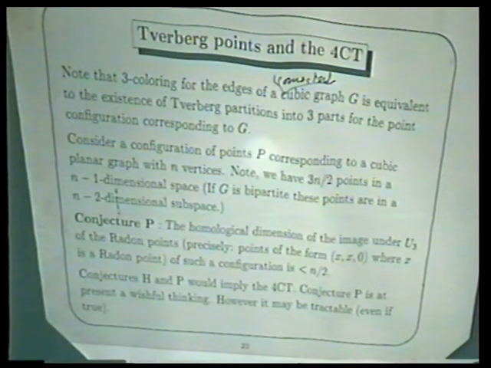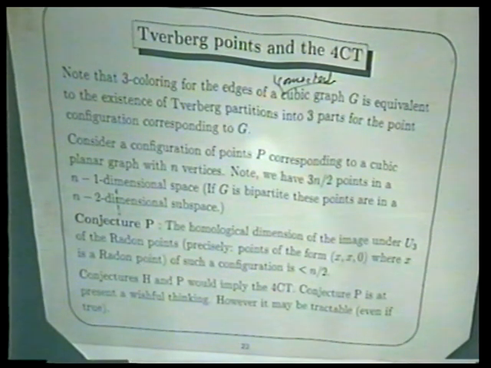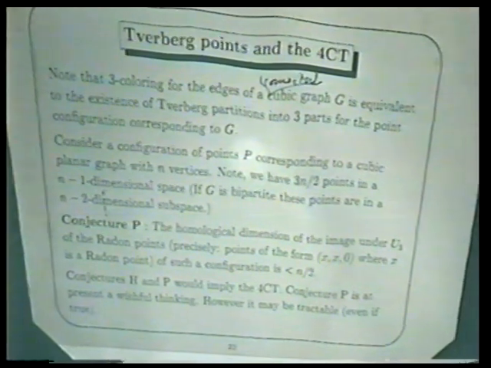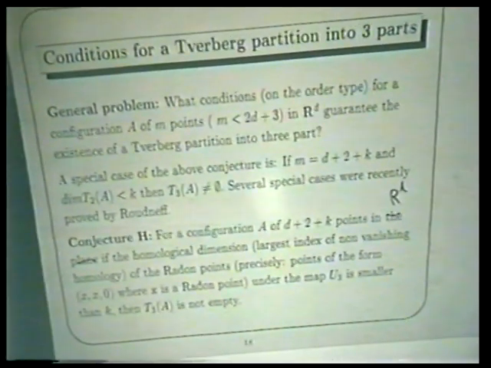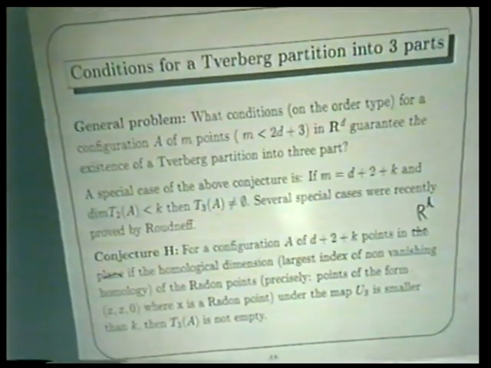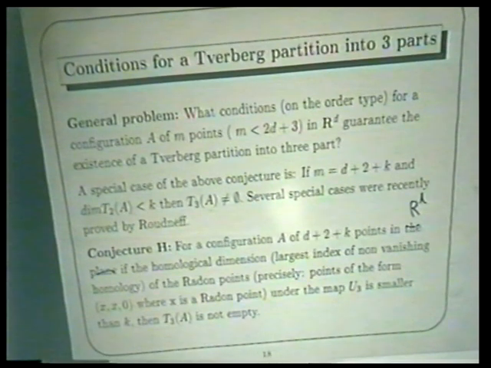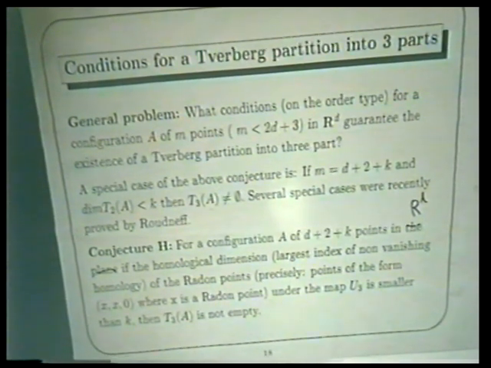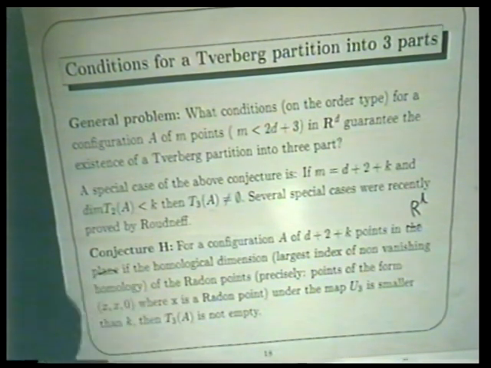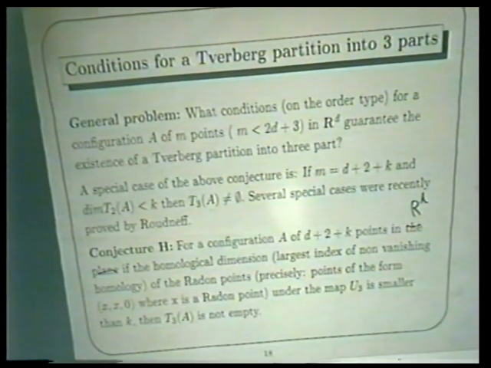And the condition that might work is a homological condition, which corresponds to the homological dimension of the Radon points. Although 3-colorings are combinatorial objects which are infeasible, I mean, it's very difficult to 3-color, the Radon points correspond to combinatorial things which are in an area which we can handle. It's linear algebra, and there may be some ways to treat them.